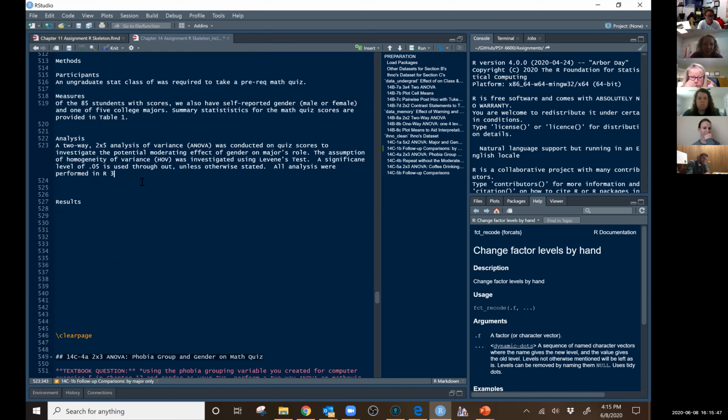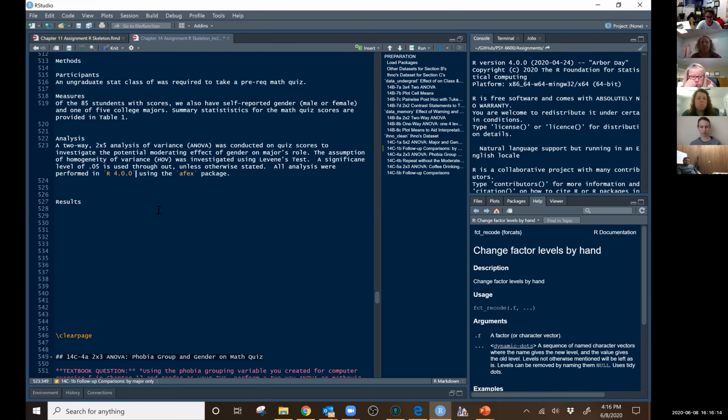R, wow, 4.0.0, using the effects package. And usually we do italicize R.